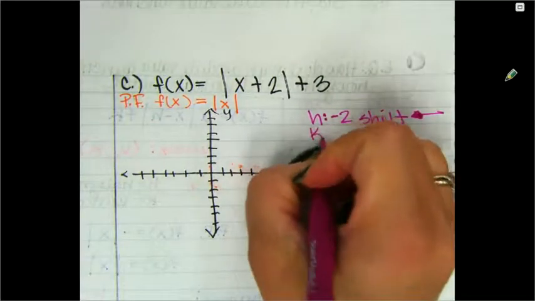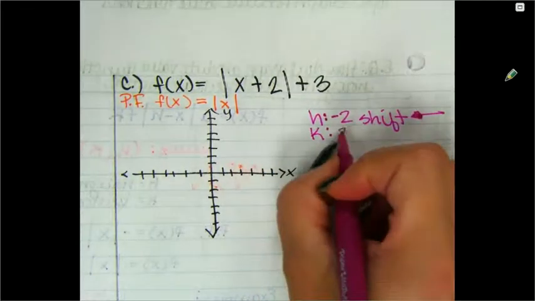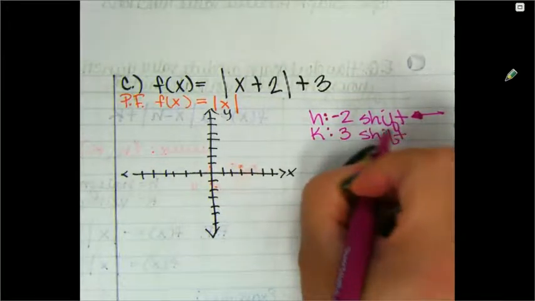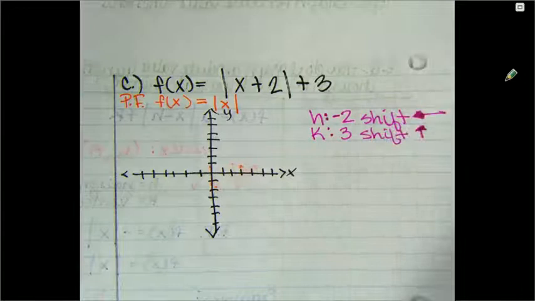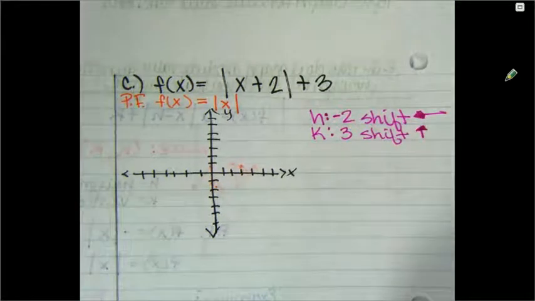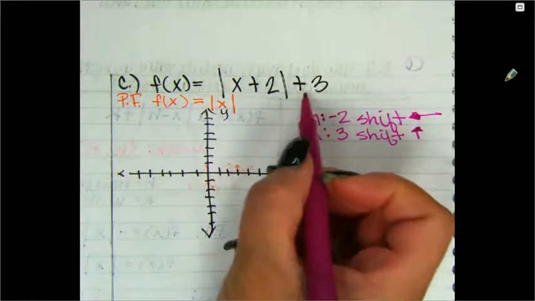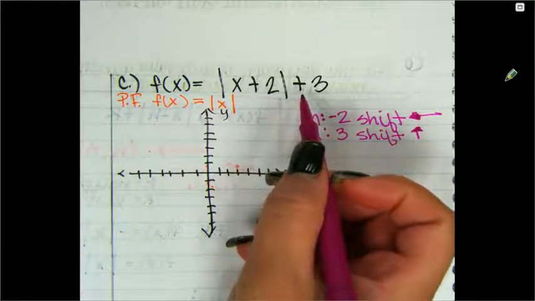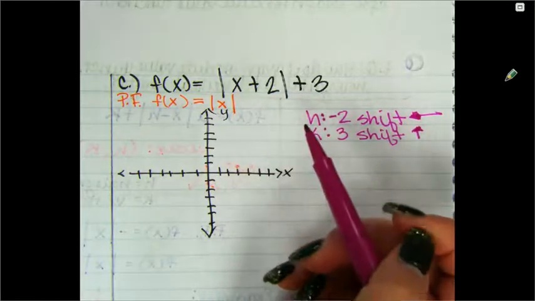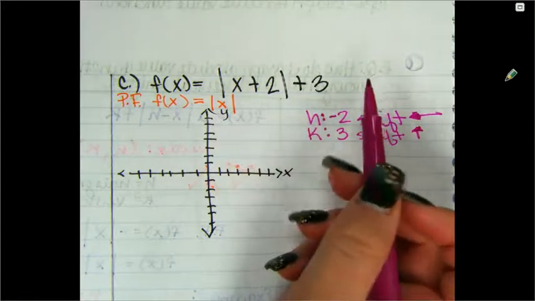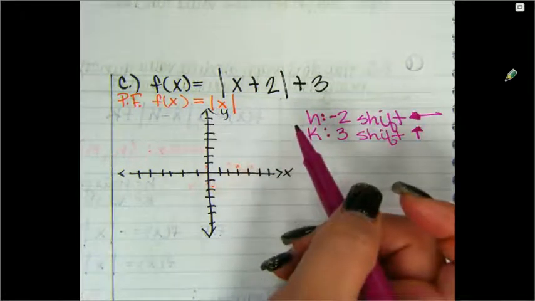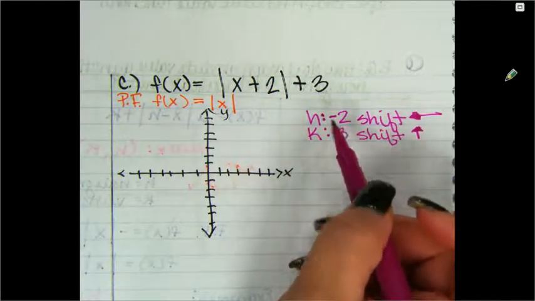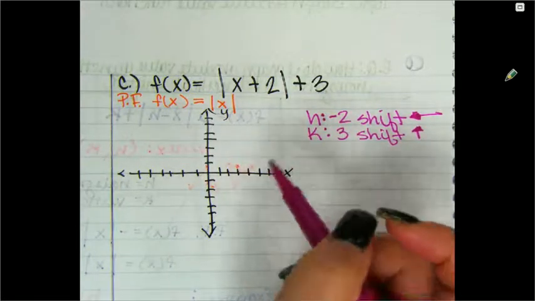K is plus 3. Shift which way? Up. Because it's plus 3. We didn't change it yesterday. H is always opposite, K is the same.